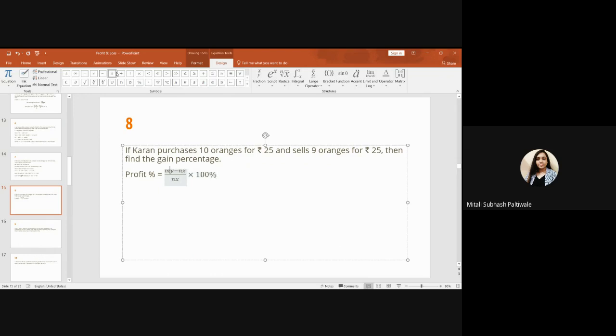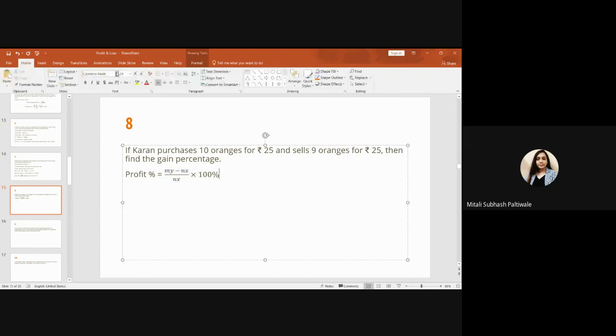Okay, so here what is m, what is n and x, I'll tell you. m is equal to 10 oranges, and x is equal to rupees 25.